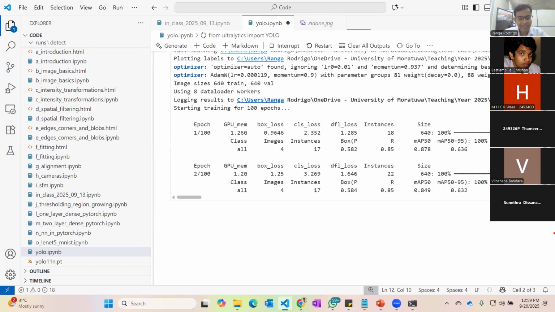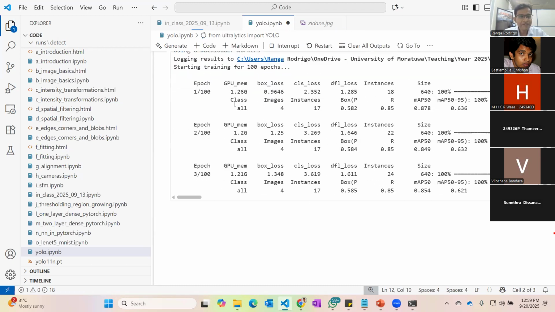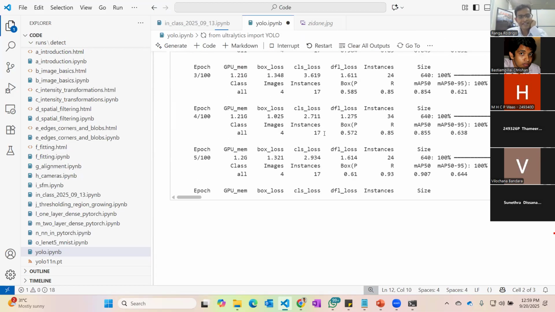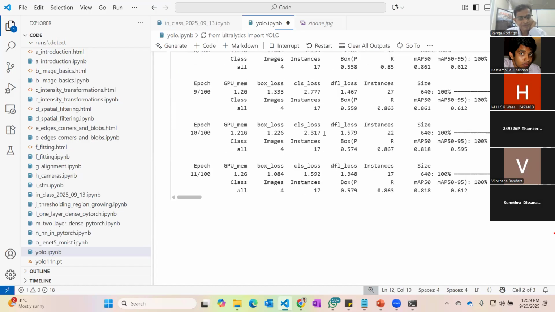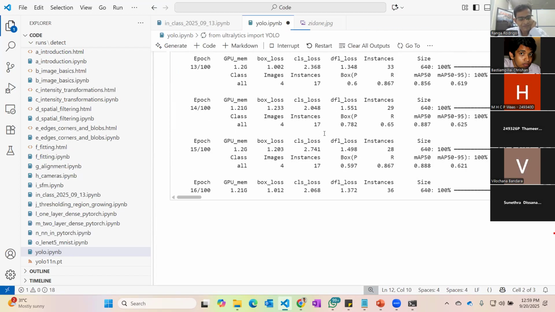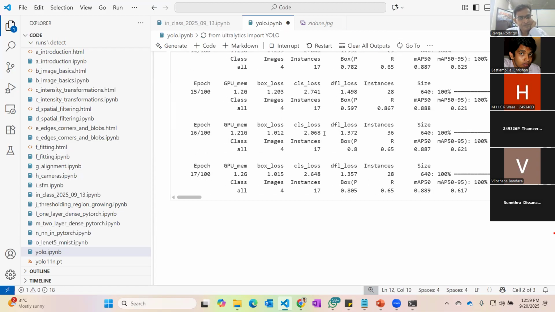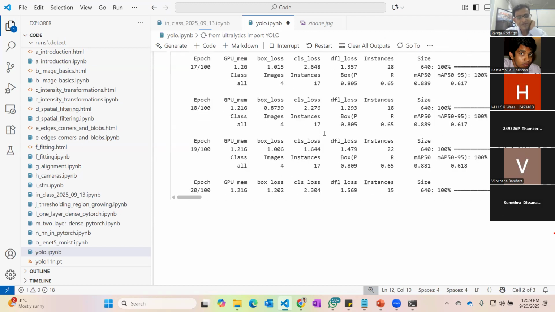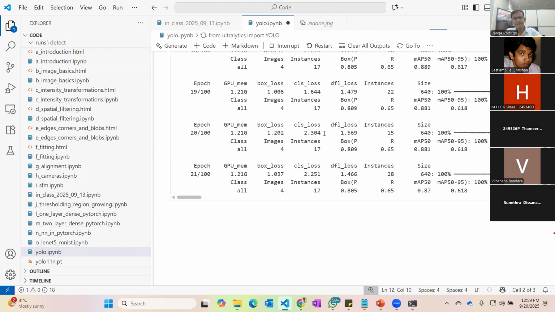I have a GPU in my laptop, that's why the GPU memory is being shown, like it has a 2 GB GPU. So epochs are running and they are quite okay. It's quite fast, as you can see.